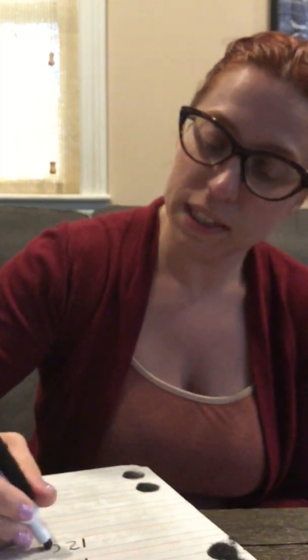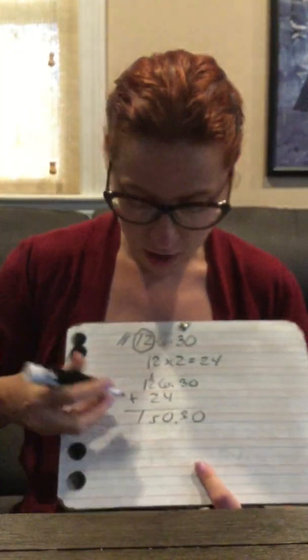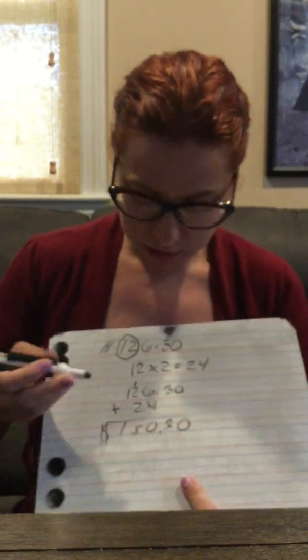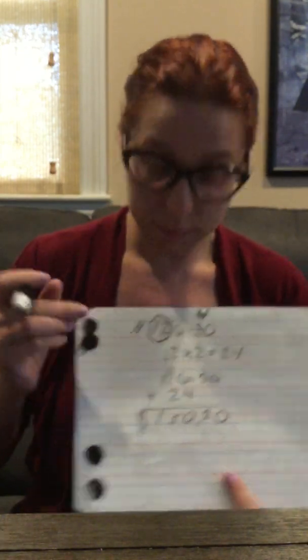So 126 plus 30 plus 24 equals $150.30. They would be getting a $24 tip. Kind of cool, huh? I like this one because it's nice and easy. It makes it simpler for you to do it.